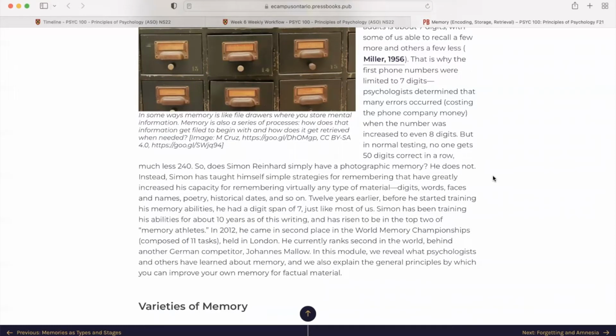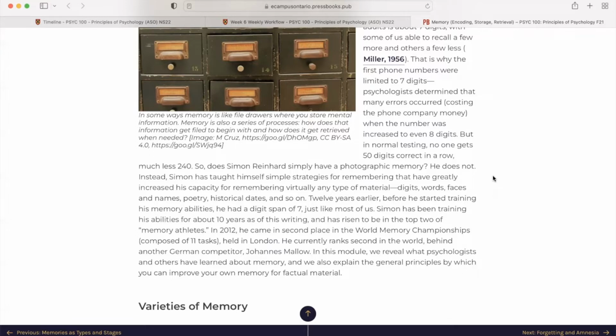So does Simon Reinhart simply have a photographic memory? He does not. Instead, Simon has taught himself simple strategies for remembering that have greatly increased his capacity for remembering virtually any type of material: digits, words, faces and names, poetry, historical dates, and so on. 12 years earlier, before he started training his memory abilities, he had a digit span of 7, just like most of us.